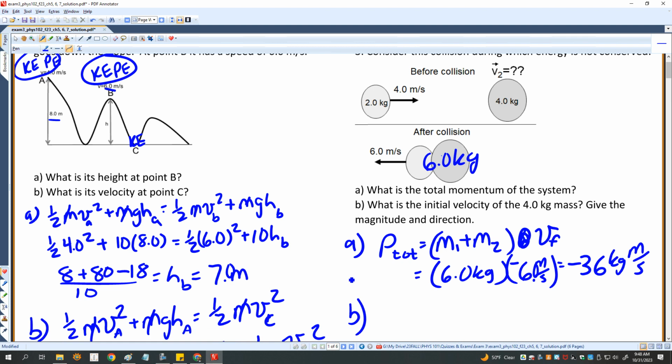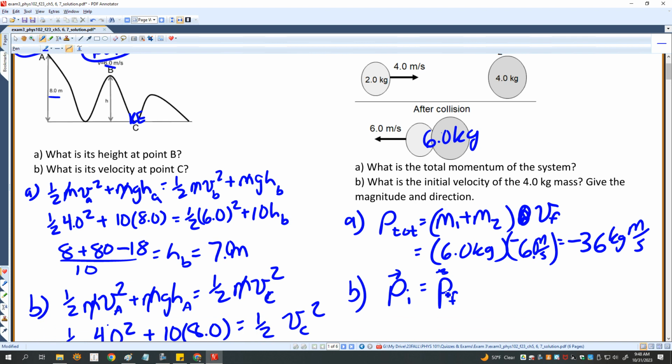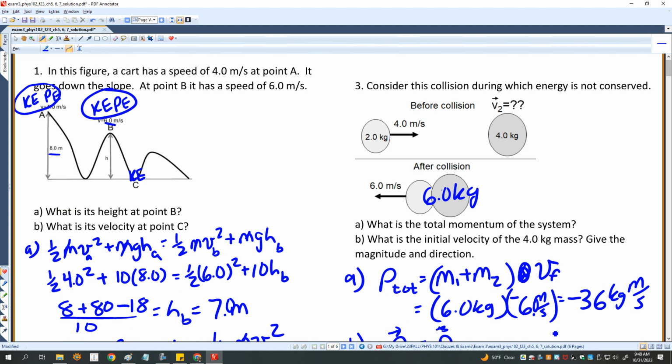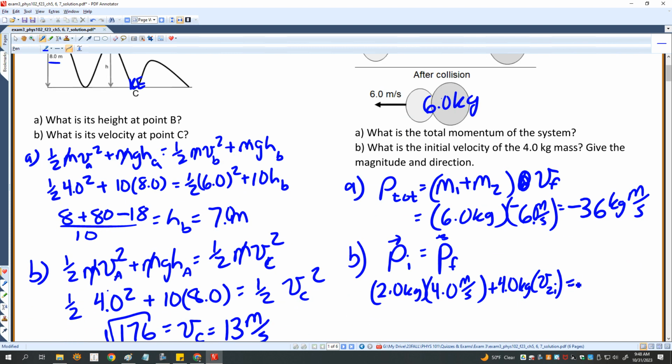Now I want to know that initial velocity, so I say that the initial momentum is equal to the final momentum. That's going to be 2 kilograms times 4 meters per second, plus 4 kilograms times V2i, and then that's equal to, well, I've already found this, the total momentum, negative 36.